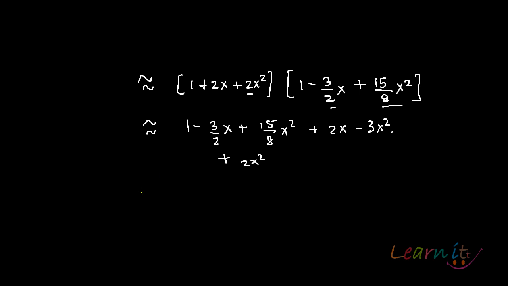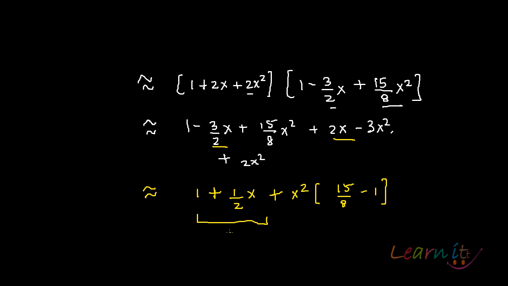So what will this give me? This will give me 1. Combining the x terms, I will get 1 plus half x, which, if you remember, was our linear approximation, and what gets added is essentially a quadratic term, which is x square into (15 by 8 minus 1).